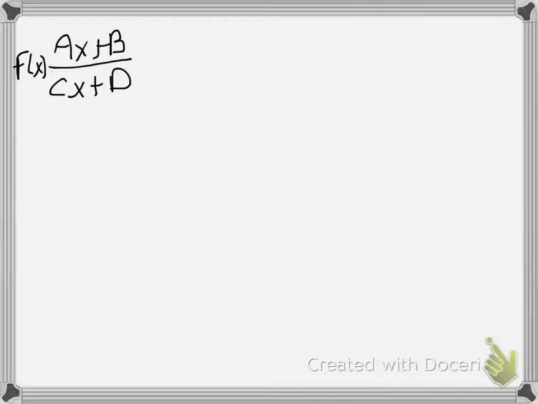So that means that ax plus b equals negative 3. I'm sorry, I'm actually going to start with the vertical asymptote. We know the vertical asymptote is x equals negative 2.